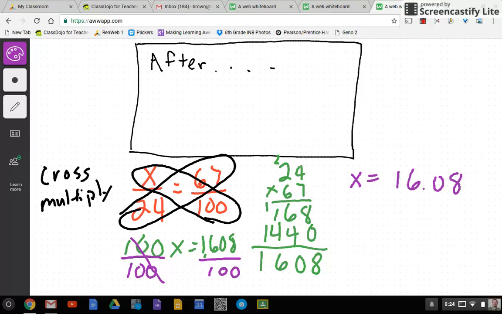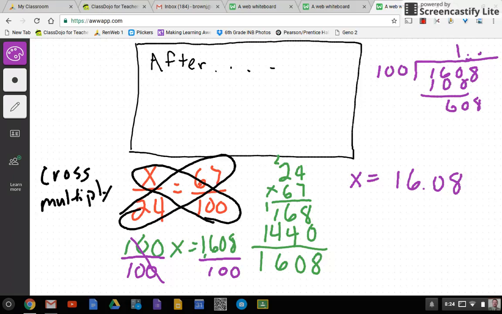And in case you don't know what I am saying, what I did was I took 100 into 1,608. It can't go in until right here where it goes in 1 time. And I get 60 left. And it can't go in, there's my decimal, it should be here.